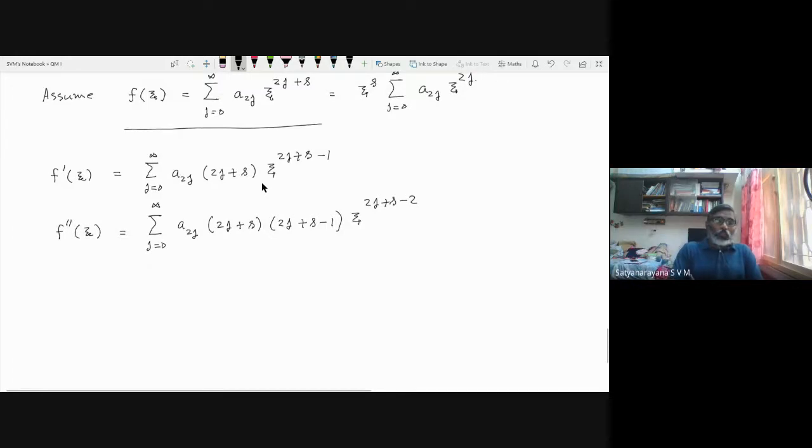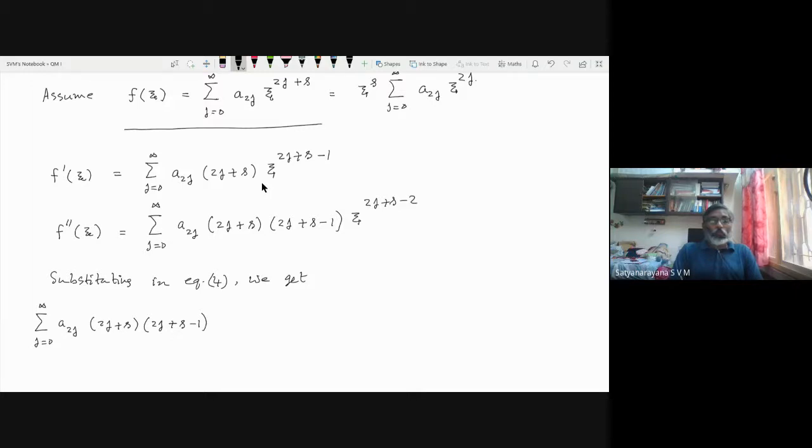So substituting in equation 4, we get, first is f double prime, so I will write that as the sum over j equal to 0 to infinity of a_2j, 2j plus s into 2j plus s minus 1 into psi to the power 2j plus s minus 2, minus 2 times the sum over j equal to 0 to infinity.